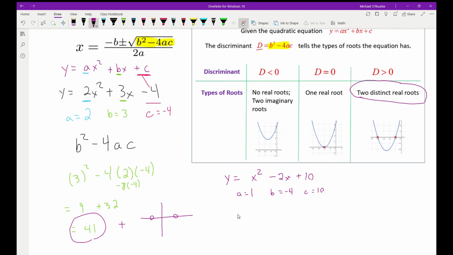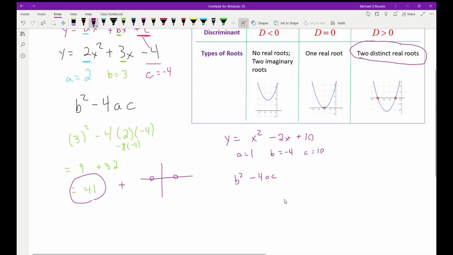And then I plug it into my equation, which is b squared minus 4ac. So that would be, oh, my b value is negative 2, sorry. Negative 2. Which would be bracket negative 2 squared.